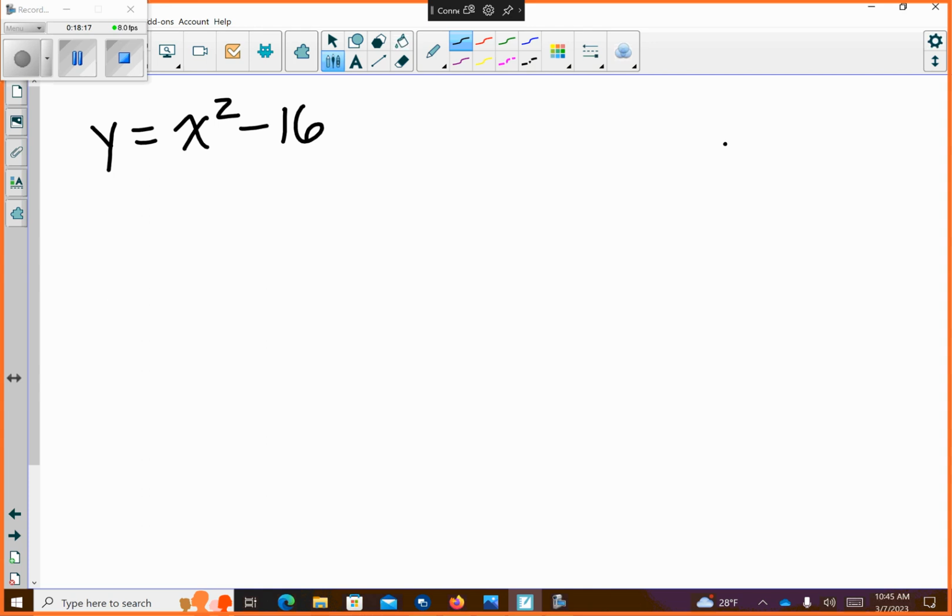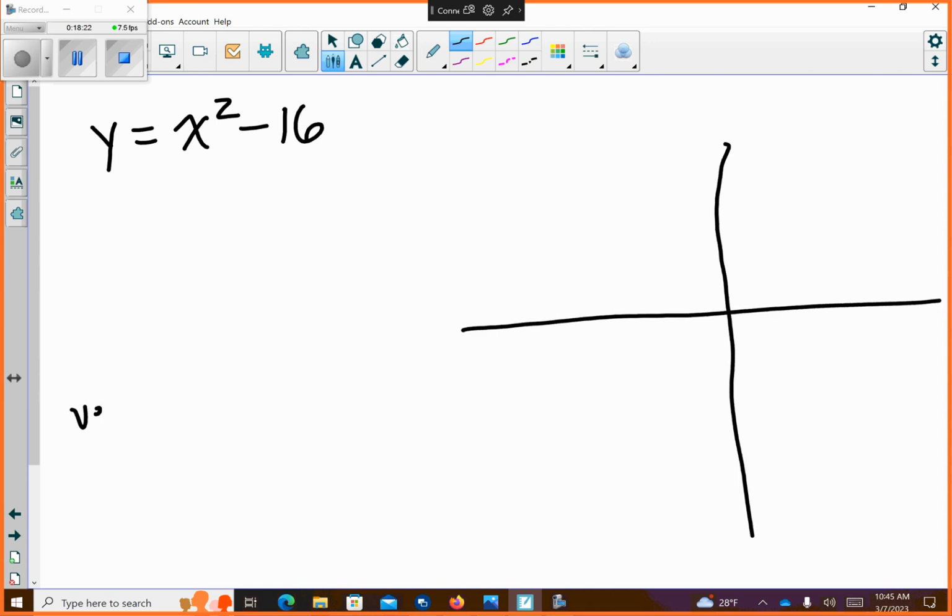Okay, we want to graph this. And the things that we want to answer are the vertex, the axis of symmetry, and the roots. Okay, so to do this problem, this is not factored, agree? So A equals 1, B is not there, so that's 0, C equals negative 16.